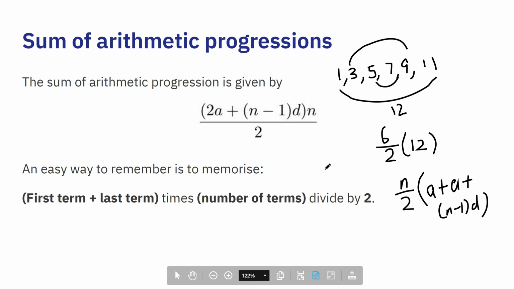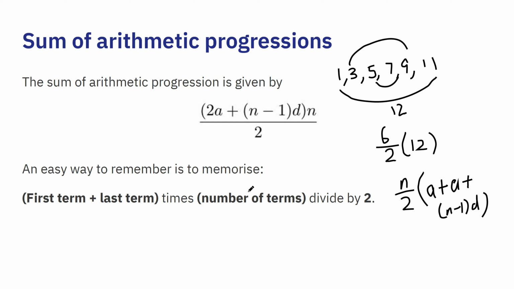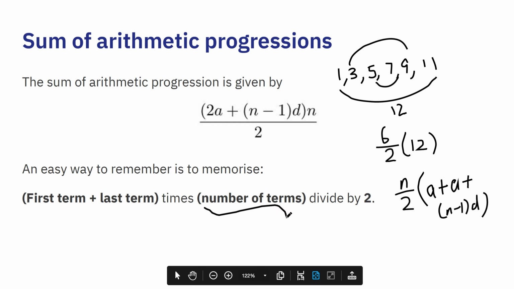So if we combine these, we realize we actually get this. So an easy way to remember it is just take the first term plus the last term. This will give you the sum of each pair. Then multiply it by the number of terms and divide by 2. So this will give you the number of pairs.